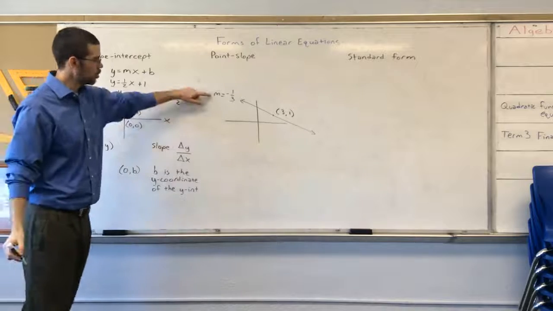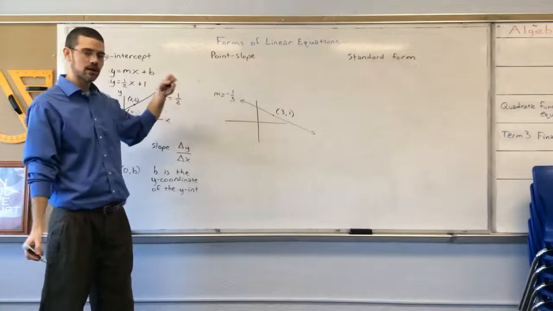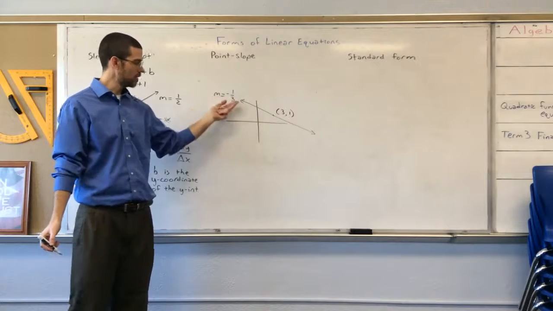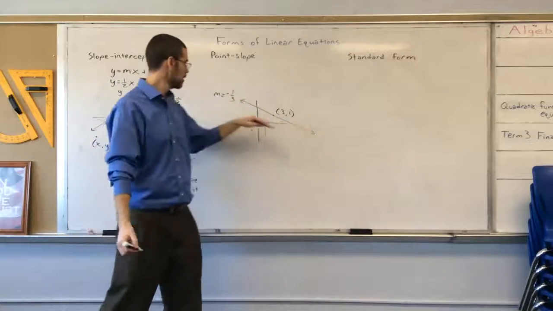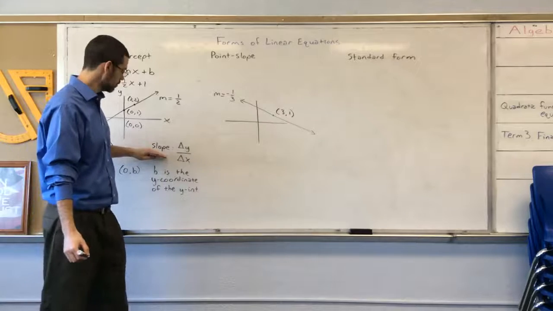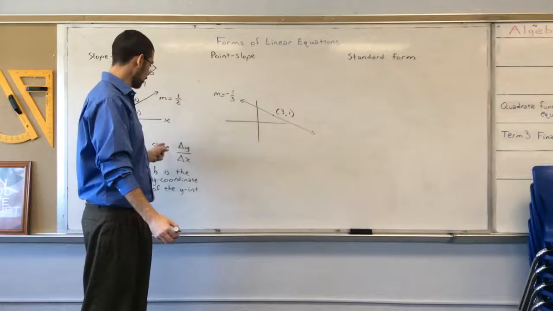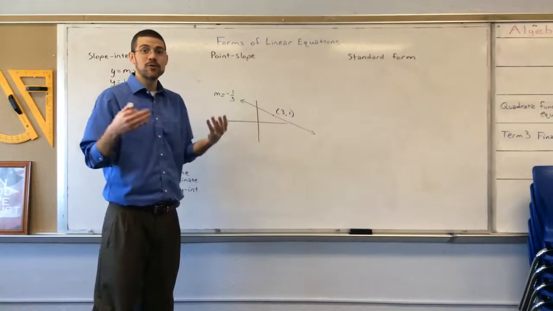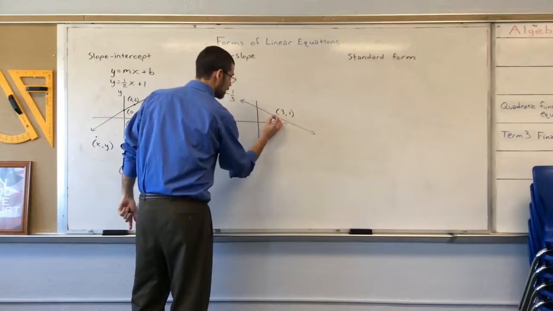Recall that slope is m. We've said that in math we use this convention that this constant in a line, the slope doesn't change, right? It has a constant rate of change. That is its slope. And we talked about in the last video, slope is change in y over change in x. Now, we're going to expand that definition. How do we find the change in y and the change in x?